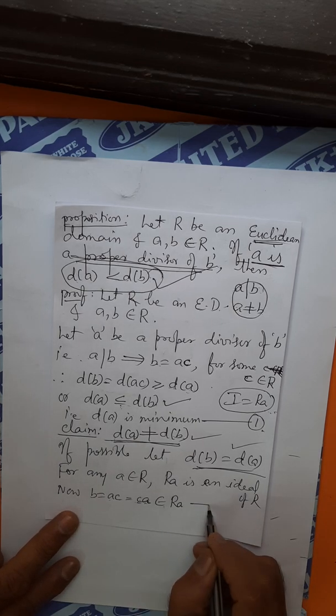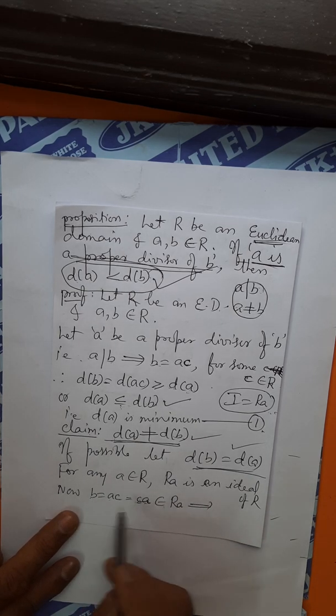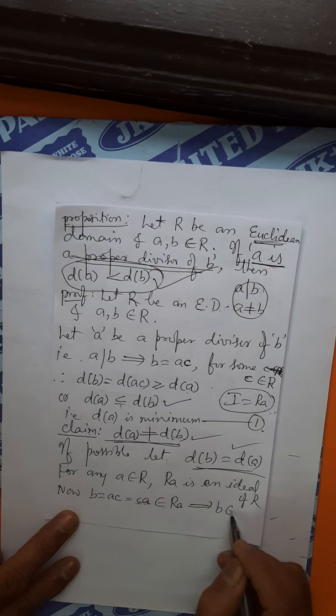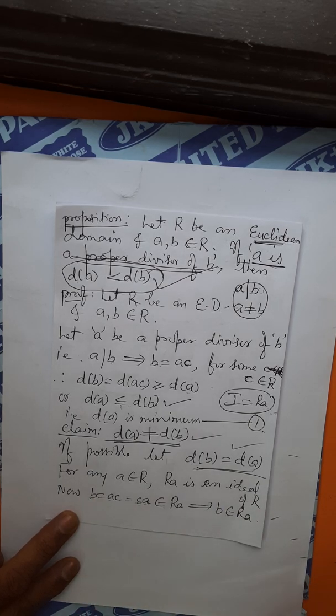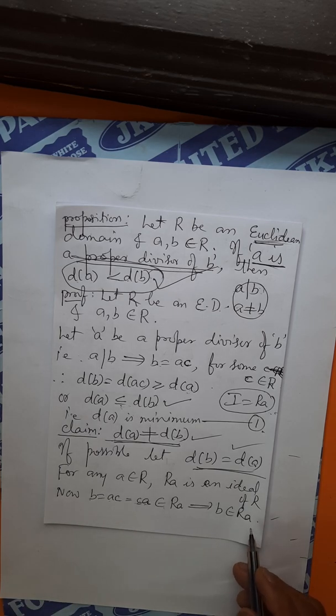This implies that B equal to CA, B belongs to RA. Is that all right? B belongs to RA.